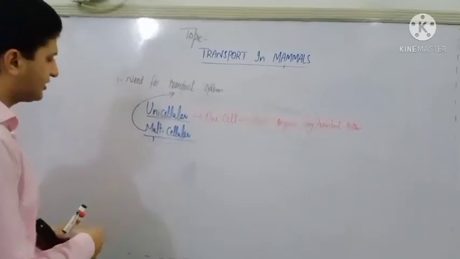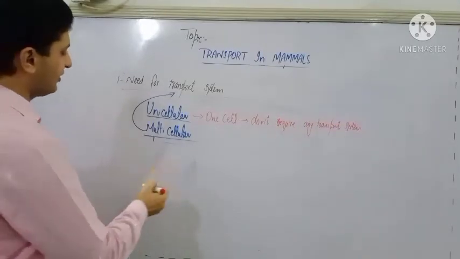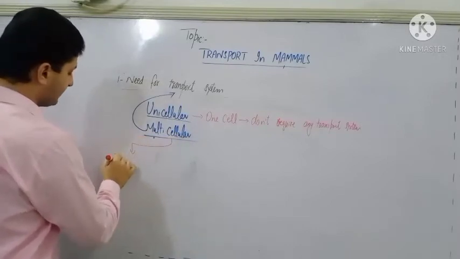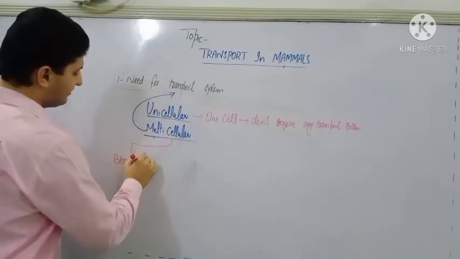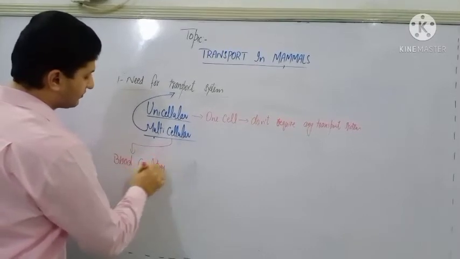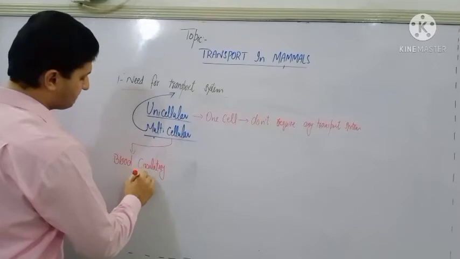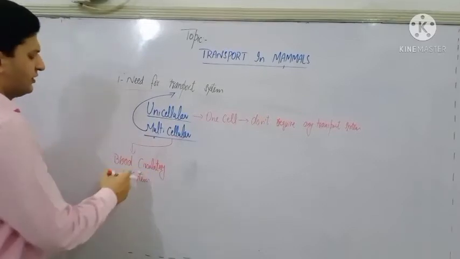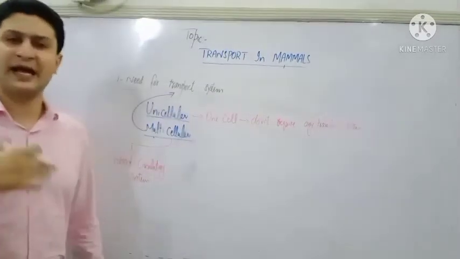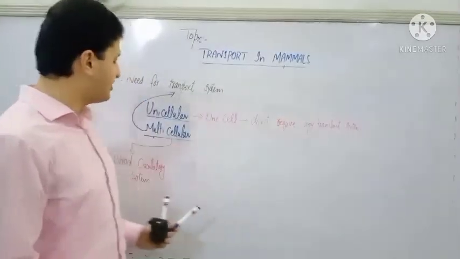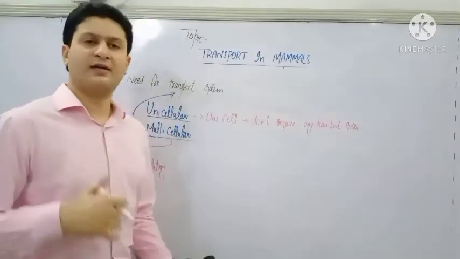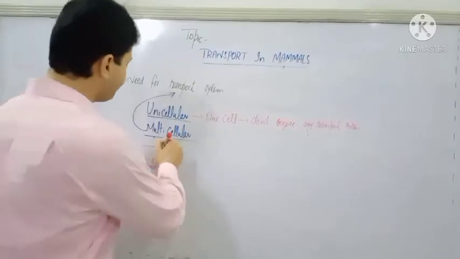The transport system in multicellular organisms is the blood circulatory system, which is very complex in humans and many mammals, and contains blood vessels and the heart, etc.